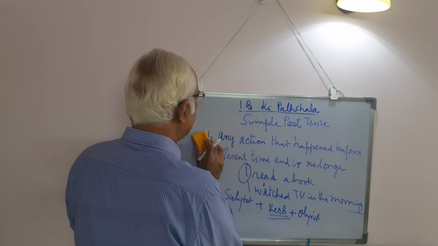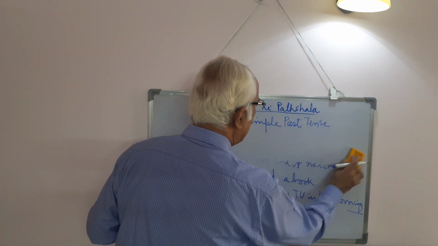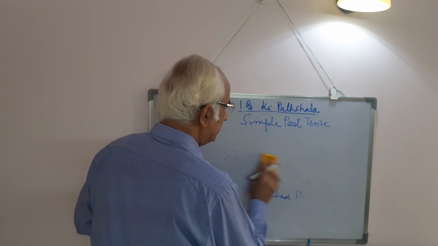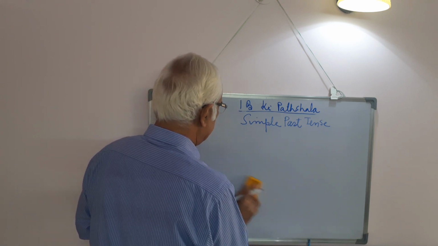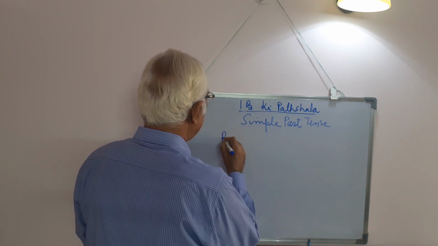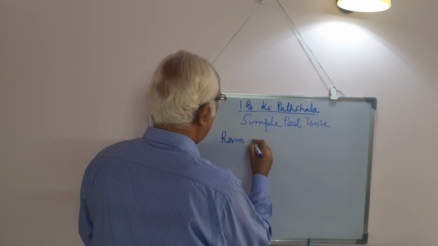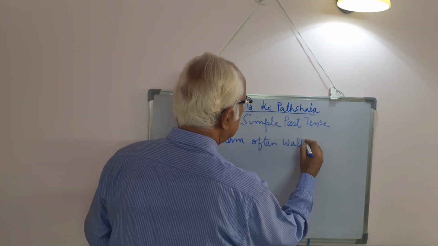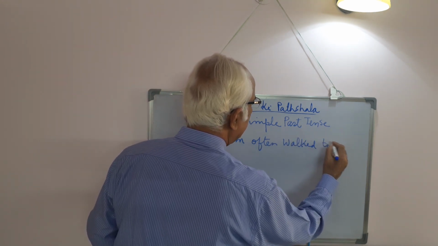Now what was the second situation? Something that happened repeatedly in the past. Ram often walked to his school.